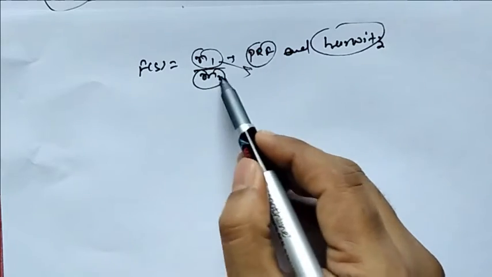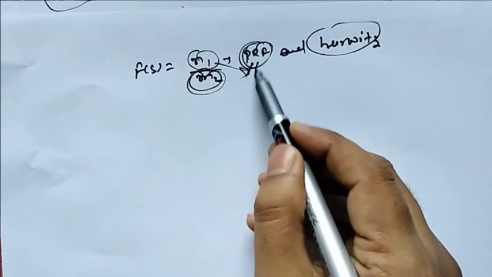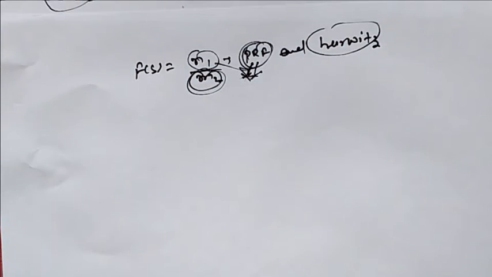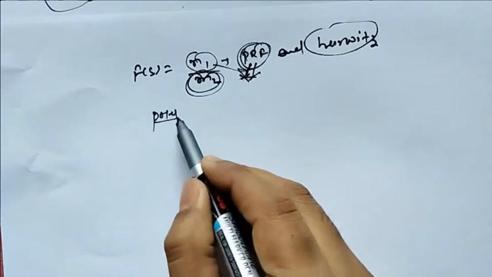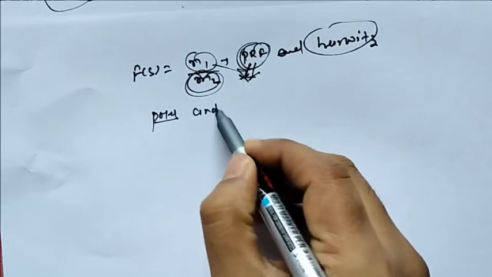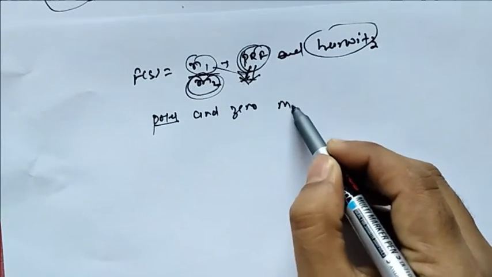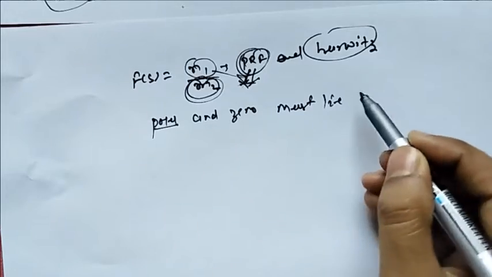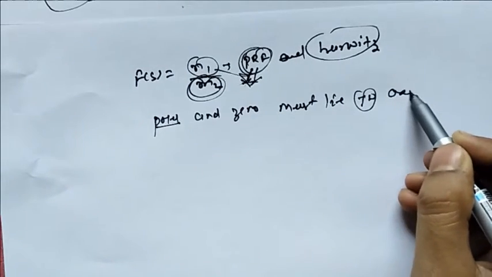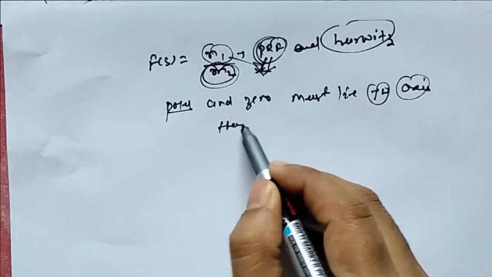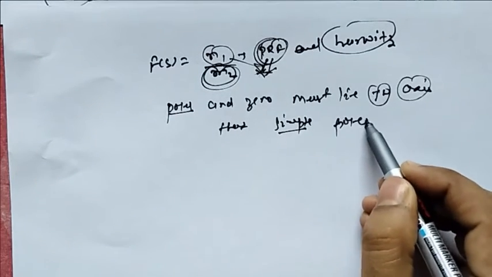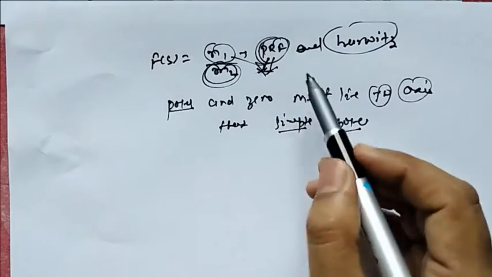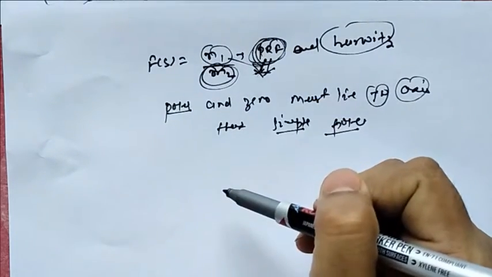When it is a PR function, then what does it mean? Poles and zeros must lie on the j omega axis, and they must be simple poles, because all these conditions we are taking from the positive real function.